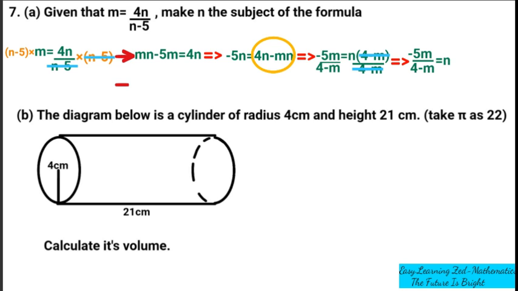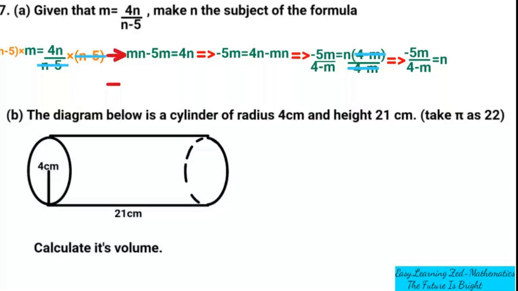Let me change where it's written negative 5n, it should be negative 5m like that. Now let's go to question 7b. Question 7b was as follows. The diagram below is a cylinder of radius 4 cm and height 21 cm.